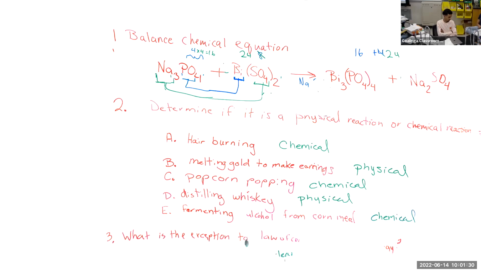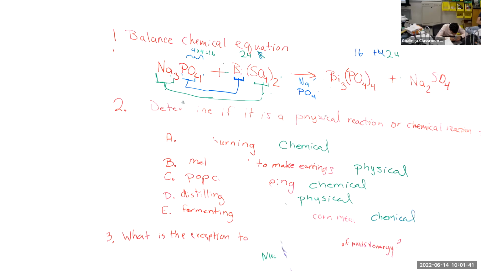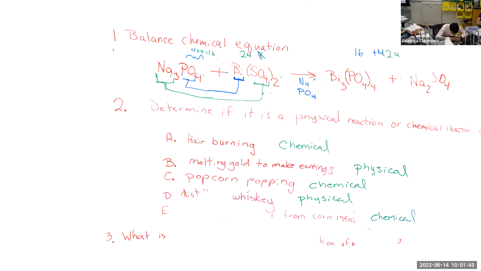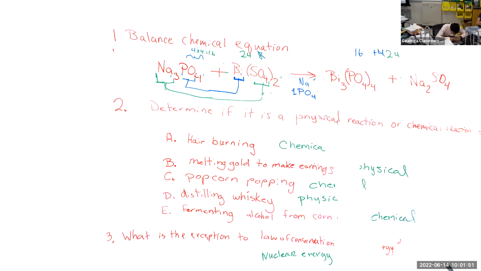Okay, so the phosphate, this PO4, that's called phosphate. Okay, this guy, over here we have one of those. Over here we have how many? 4. Okay, so I can keep it as a unit because it's moving as a unit.